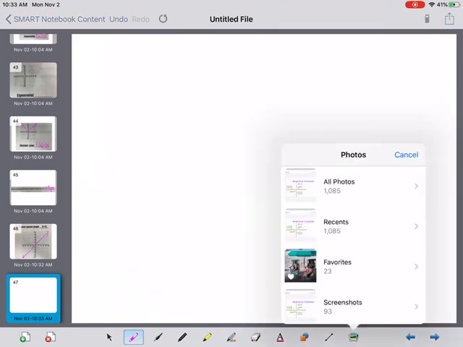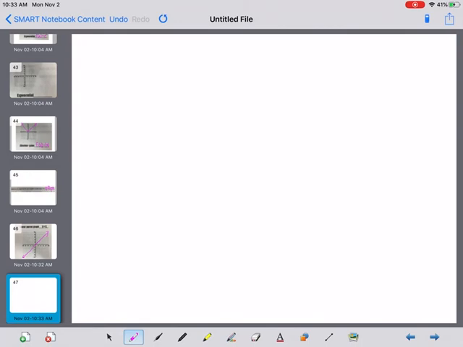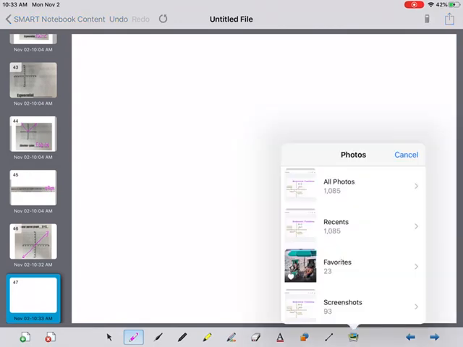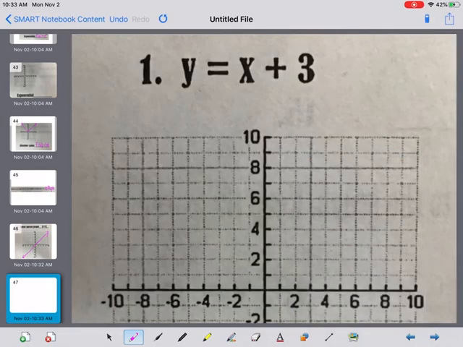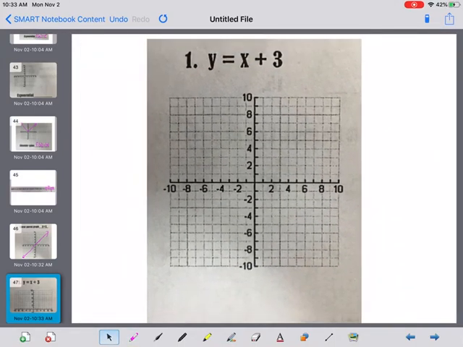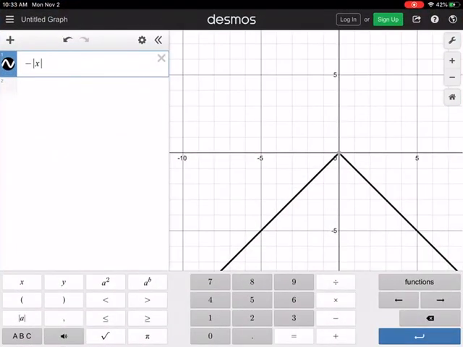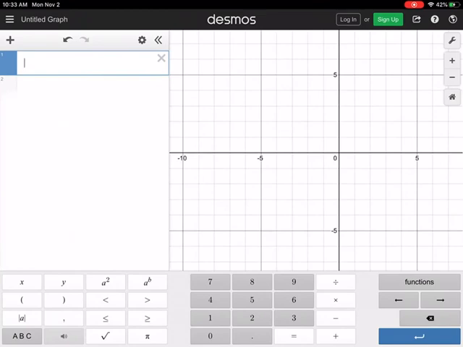Our next question is graph and sketch: x plus 3. So let's go over to Desmos and see what happens when we have x plus 3. You're going to have to use Desmos today to answer your questions. I know what the parent function of x looks like, starting at 0.